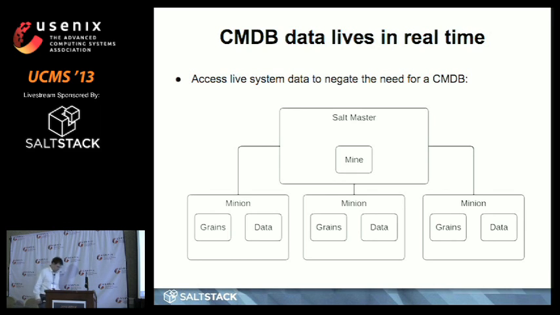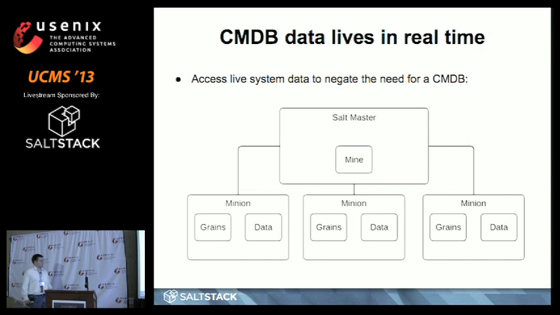Now, there is this concept of a CMDB that's been around for a long time, obviously. We have started to see some of our users and customers move completely away from the CMDB concept and say that their network is the CMDB.